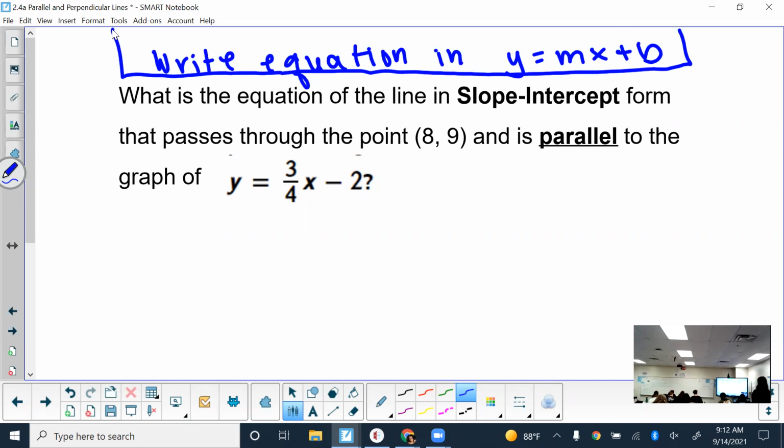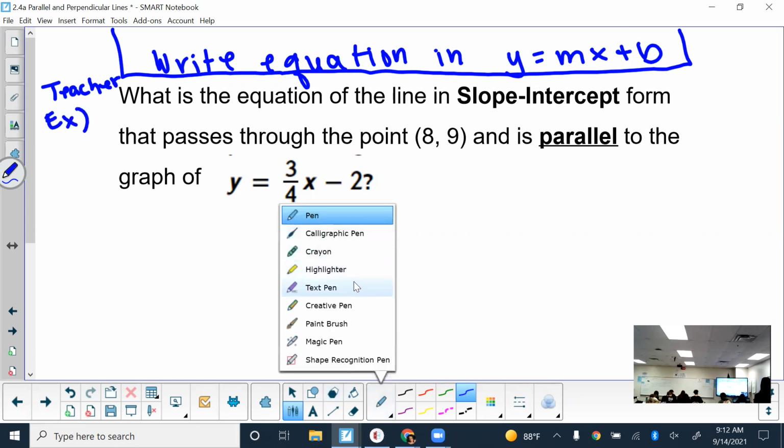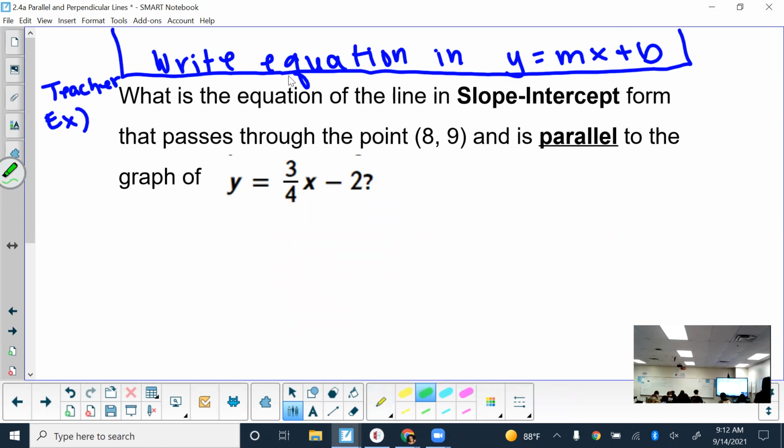We're going to write the equation in y equals mx plus b. For the teacher example, I'll highlight what you should write. That way you're not spending your whole time writing like a paragraph. All right, line passes through the point 8, 9.